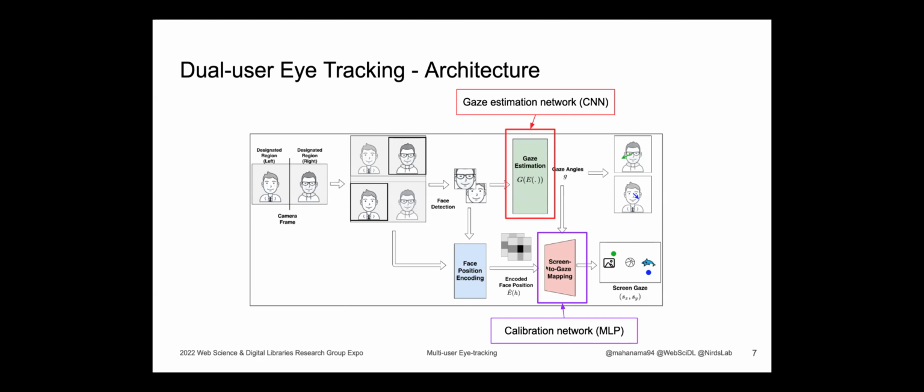It's not really a network. Sometimes we can use a kind of regression for this one. What we did was, during runtime, when we start the application, it's going to force you into a calibration sequence where it's going to show you some objects on the screen. You have to look at those objects. During that time, we are going to sample some data, and it's going to adjust those parameters.